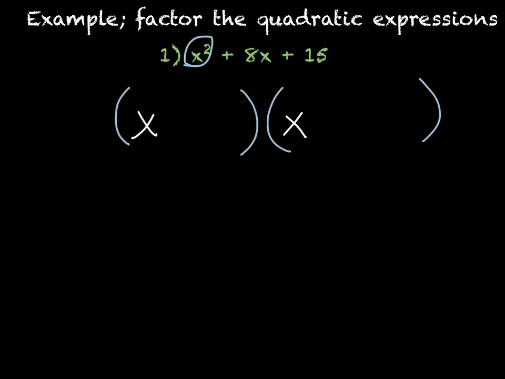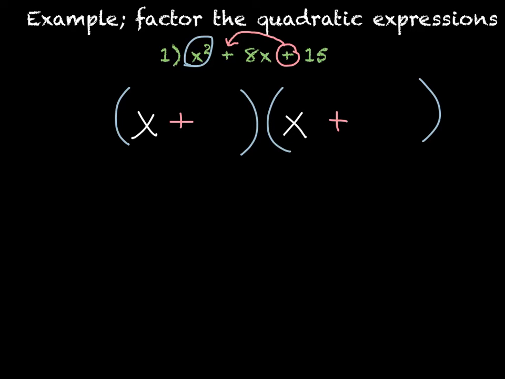Now, the first step is to look at your last sign. Second sign is positive. If the second sign is positive, then they're both the same sign, and they're both the first sign. So they're both going to be positive, plus and plus.